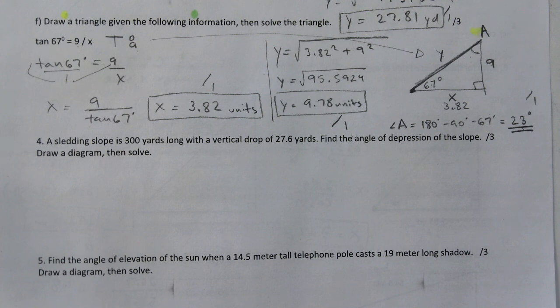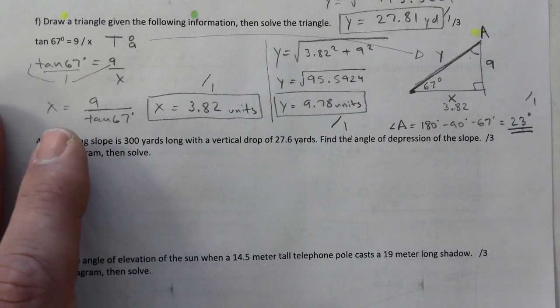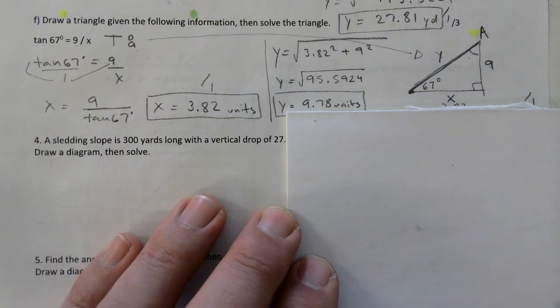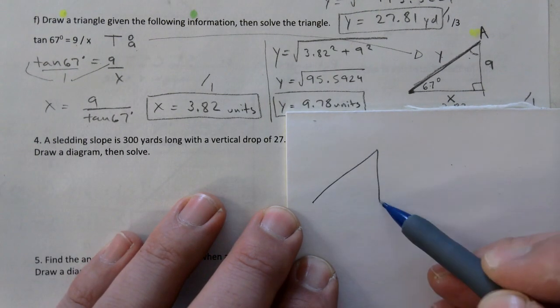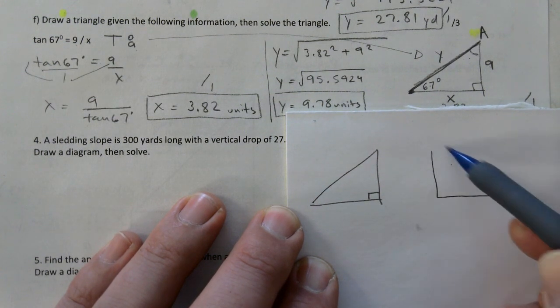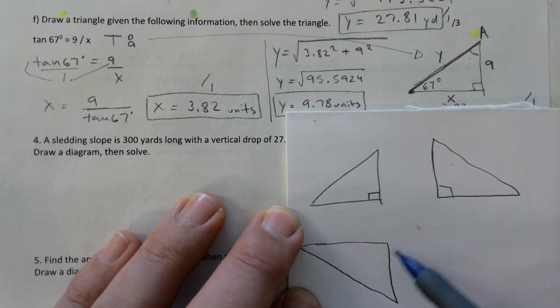Well, for any of these questions, I need scrap paper, otherwise I'm not going to have room. For any of these questions, you're going to have to start with a right triangle. It's up to you how you want to draw it. You want to do it upside down? Sure. If you want a challenge, go for it.